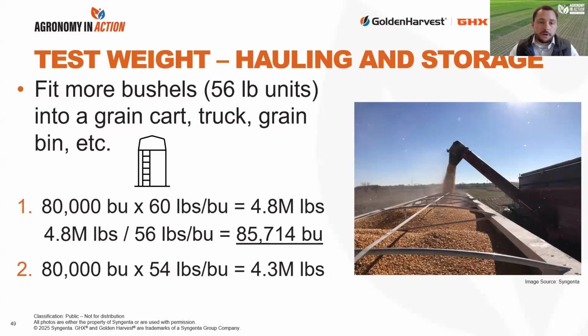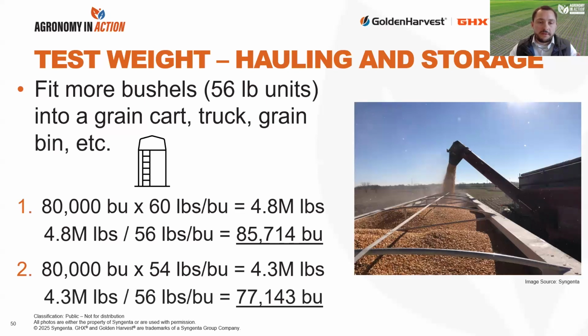On the flip side, what if we've got it at 54 pounds instead of 60? Now we've got 4.3 million pounds of grain. If we do our math, divide that by a bushel, which is 56, we're down to 77,000 bushels, and that's a difference or a delta of 8,571. So we do have differences here, and this is the value of test weight, and this is how we should be thinking about it.